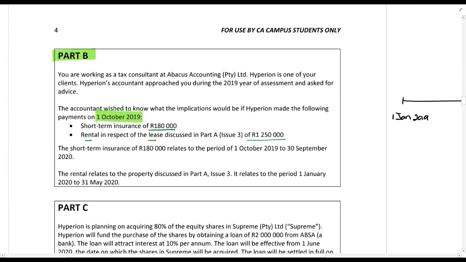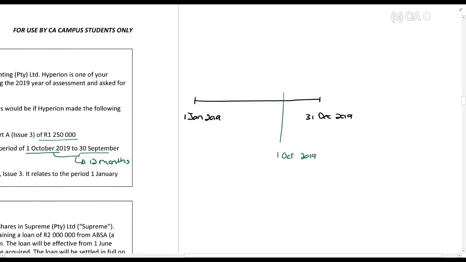So they say the short-term insurance of 180,000 rands relates to a period of 1 October 2019 to 30 September 2020. That is for 12 months. Let's quickly do that.